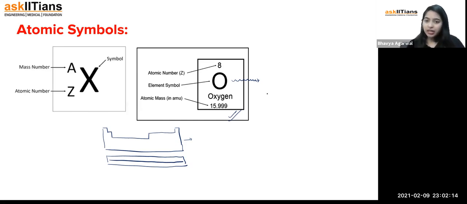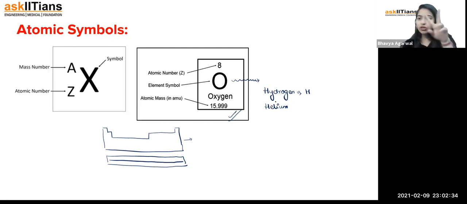For instance, the symbol of hydrogen is H. Same way, even helium starts with H. Now, you cannot give the same alphabet to two different elements, otherwise it will create commotion. So we took the first two alphabets, He. Now it becomes an easy thing.